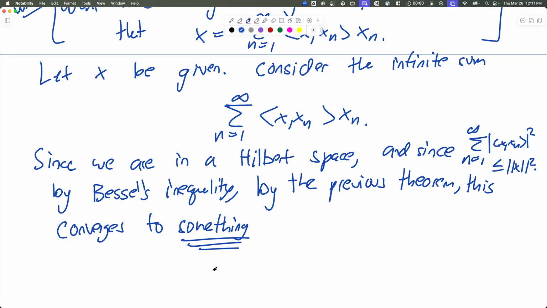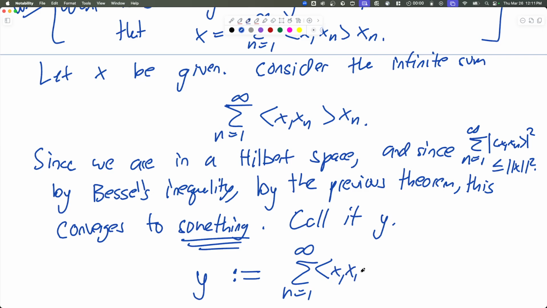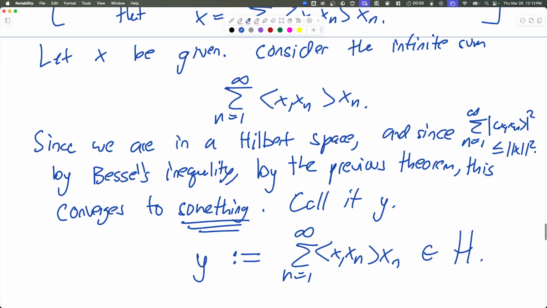Let's call that something y. So y is equal by definition to this infinite sum, and because the sum converges, this is some element of the Hilbert space H. This dot equals means by definition equal. We're defining y to be whatever this infinite sum is. This infinite sum we know converges because of Bessel's inequality and the fact that we're in a complete space, which is what we proved before.